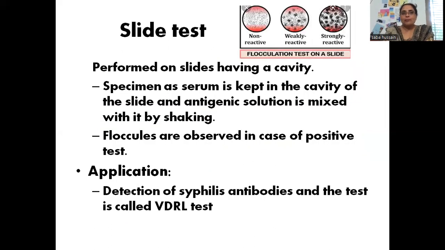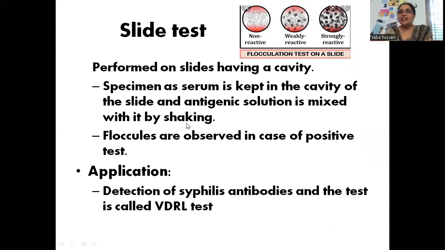This was the one which we have studied. Ring test was in a tube or capillary tube. Another type of precipitate can be seen on the slide, and this is known by the name of slide test. This is performed on slides having a cavity in them.